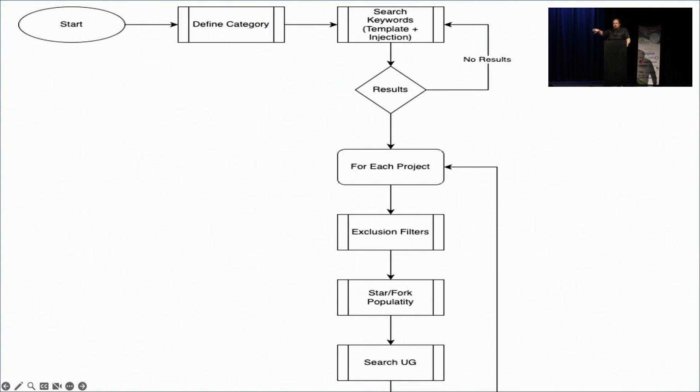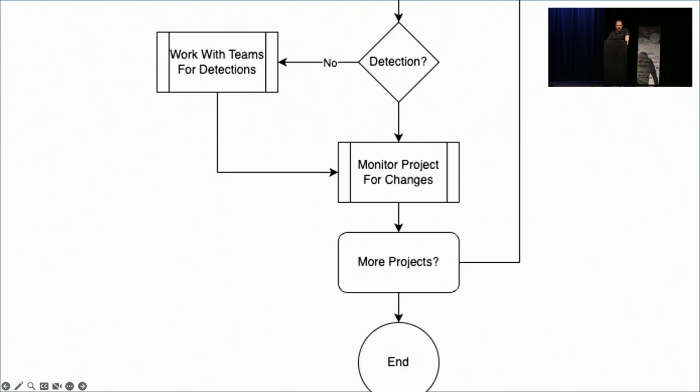Exclusion filters come later because exclusion filters are something I've done through AI, and if you do it beforehand, it gets kind of expensive, asking all those questions with the prompts. Then we decide whether there's a detection internally for the trends. If not, then we try to make a detection, and then we loop that back through for everything.